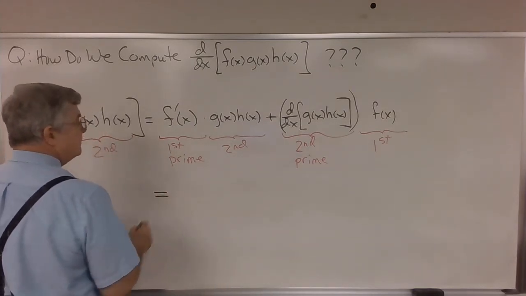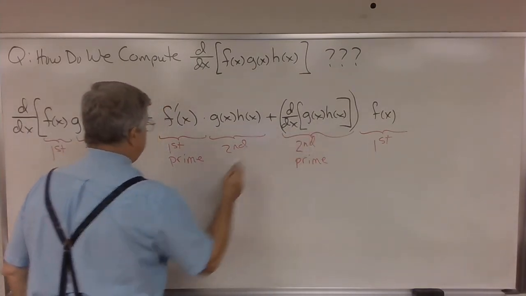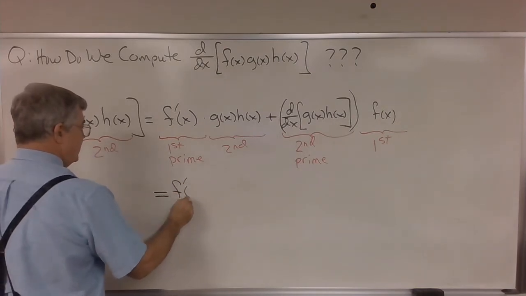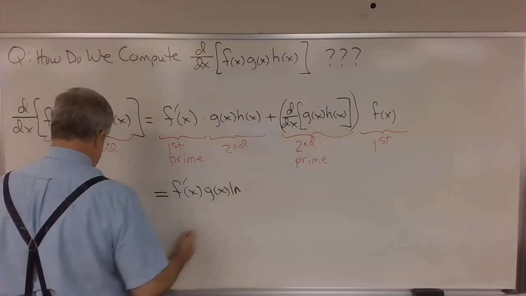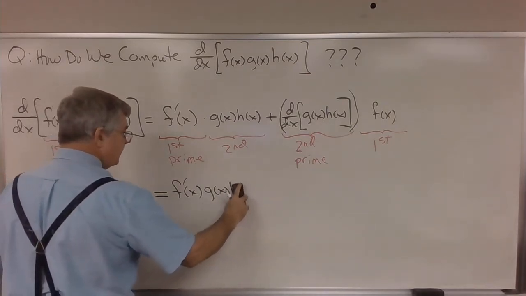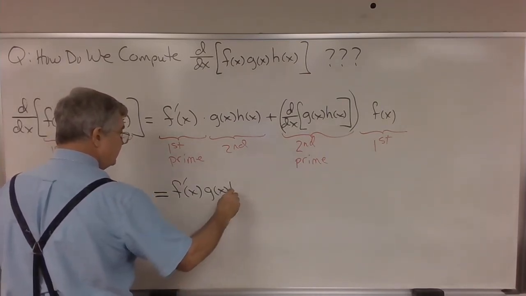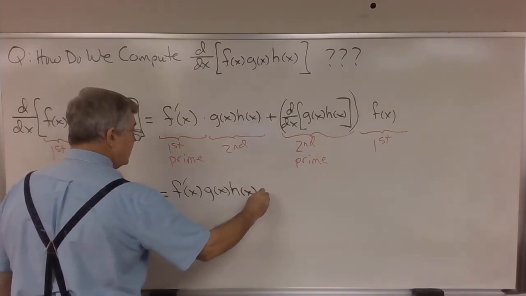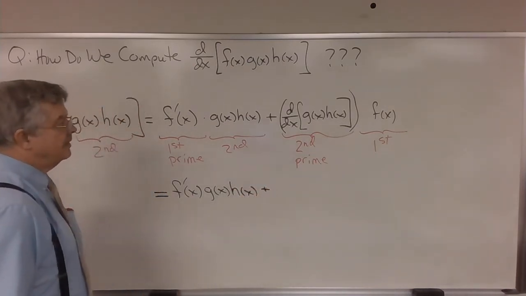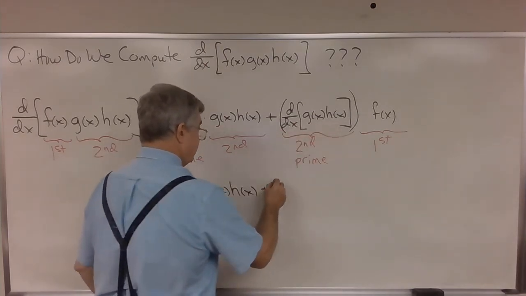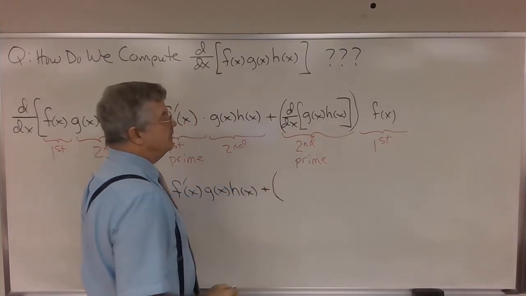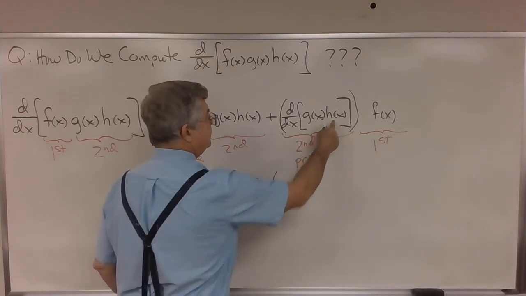Now I just gotta compute that. So I have f prime of x times g of x times h of x plus the derivative of this product. Well, what's it going to be? Here's first and here's second.